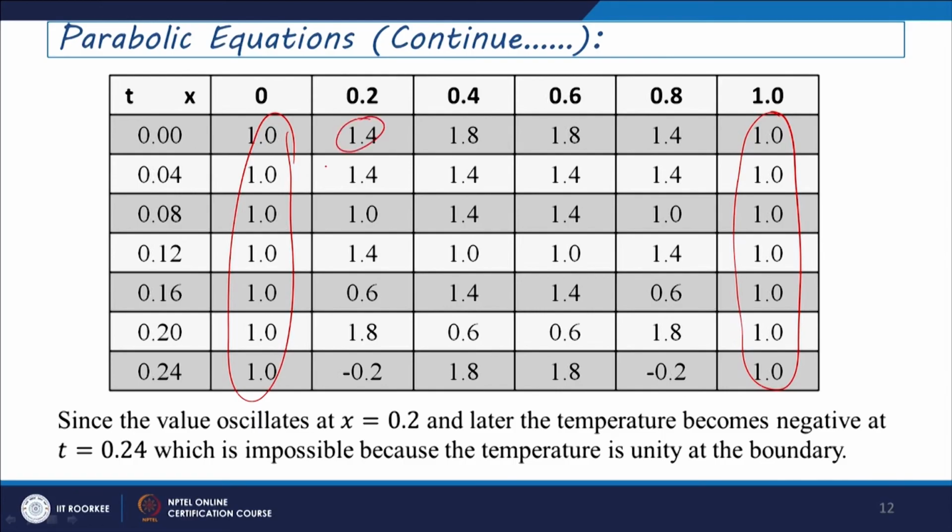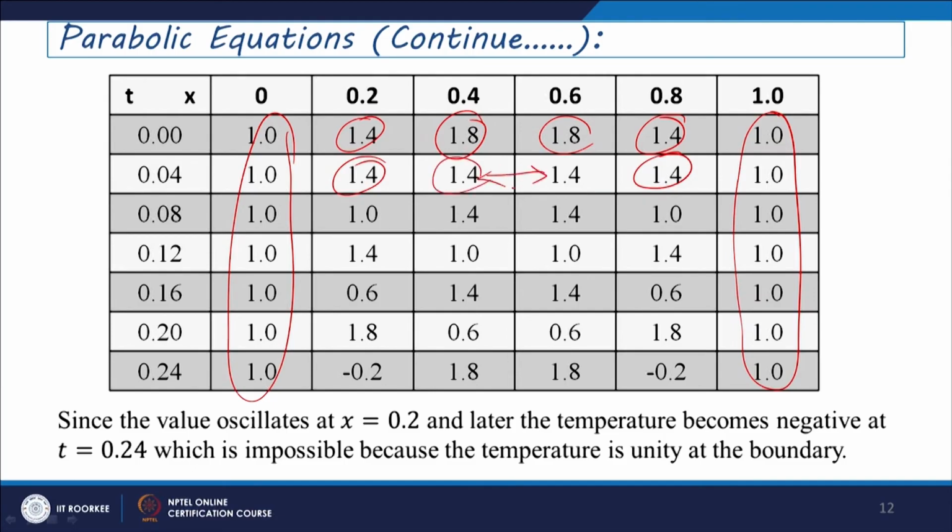Due to symmetricity, the same value appears at the 0.8 level also, and whatever comes at the 0.4 level, the same value comes at the 0.6 level here. And if we proceed, the same value again we get at the 0.2 level, and the same value we obtain at the 0.8 level also, and due to symmetricity 0.4 has the same value as 0.6 here.